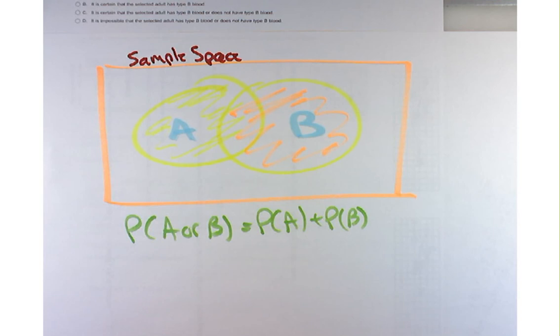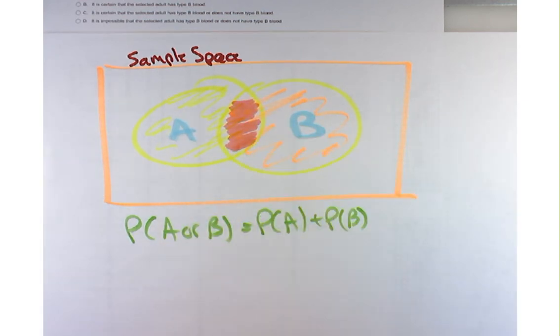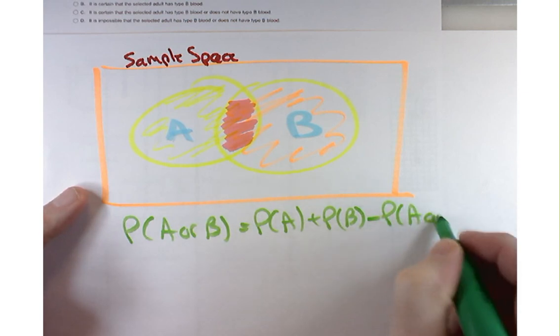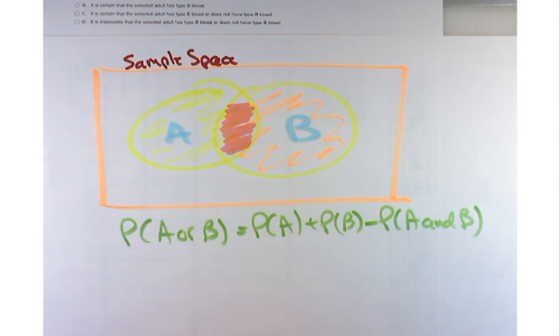Can anyone see why we've overcounted? Or where we've overcounted? Yeah, in the middle. And that middle piece is where A and B overlap. So in order to calculate this probability, you would have to subtract the probability of A and B. So, okay, that's fine.